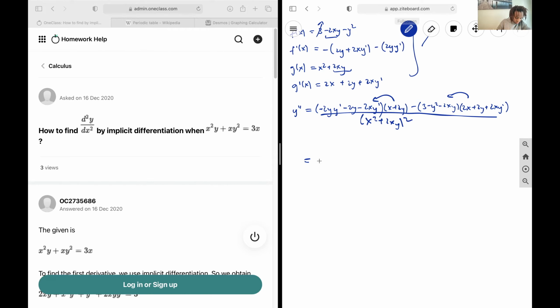And we will get 2x to the power 4y plus 3x cubed y squared. Let's actually write this out smaller again.